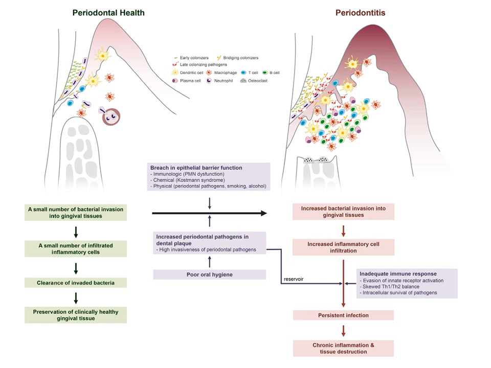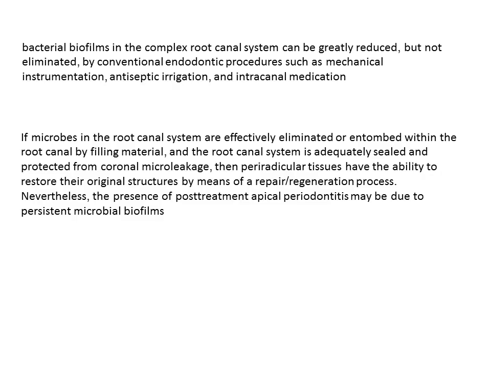This will cause persistence of infection and chronic inflammation. That is periodontitis. So either it comes from the gum, as I mentioned, or it comes from inflammation inside the pulp, and through the apical foramen it can cause apical periodontitis.